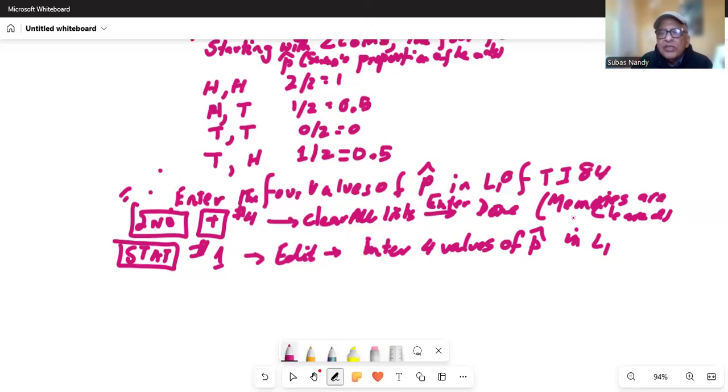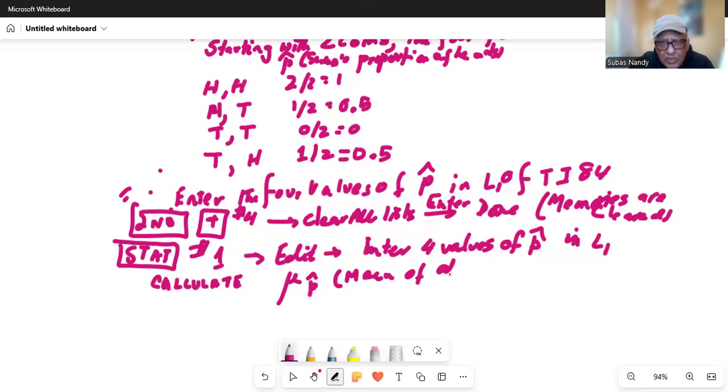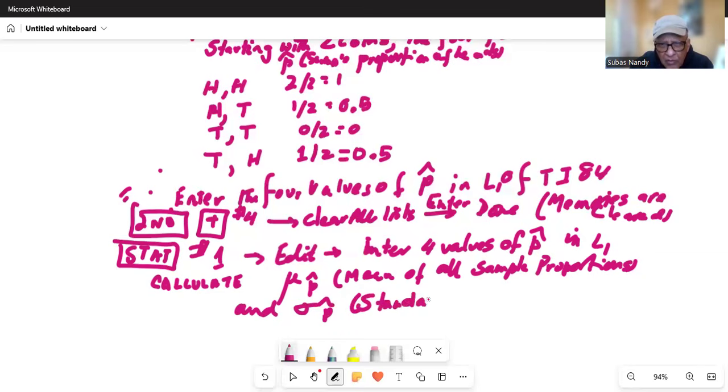So we will calculate the mean of all these sample proportions, mu p hat, which is the mean of all sample proportions, and sigma p hat, which is the standard deviation of all sample proportions.